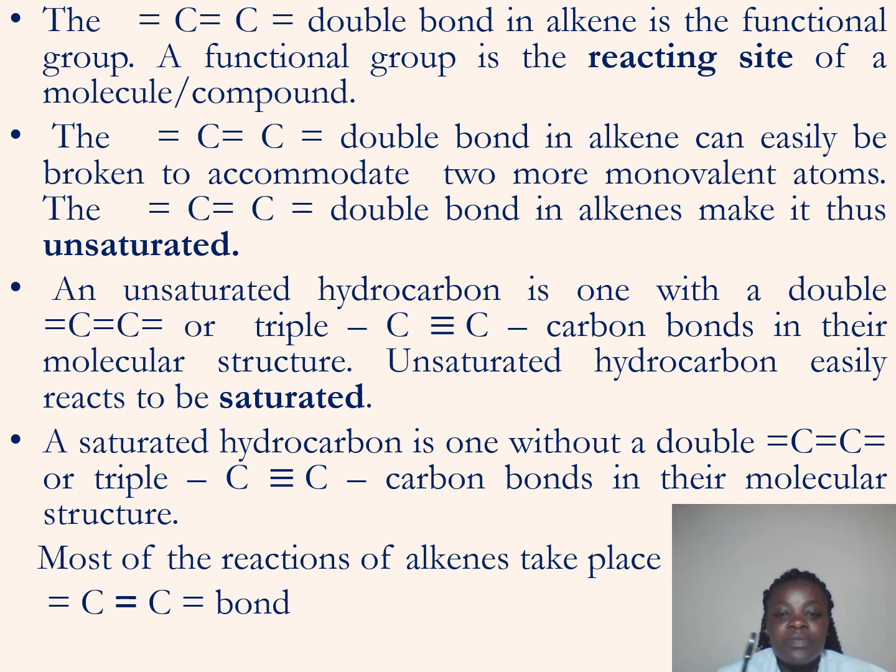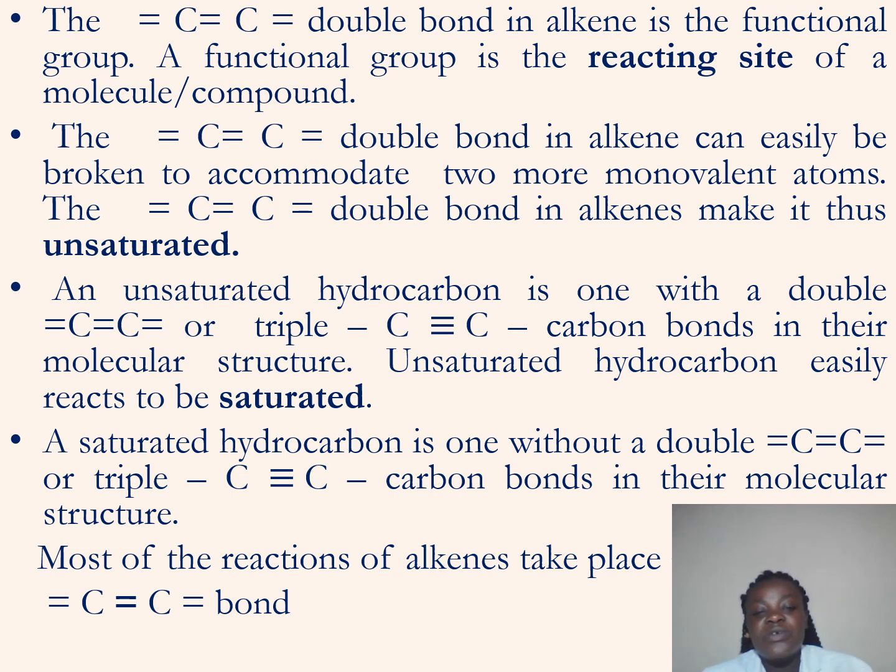So we have 2 hydrocarbons that are unsaturated. One is the alkenes, and then what we are going to look at later, the alkynes. So the double bond in alkenes and the triple bond in alkynes make these hydrocarbons unsaturated.